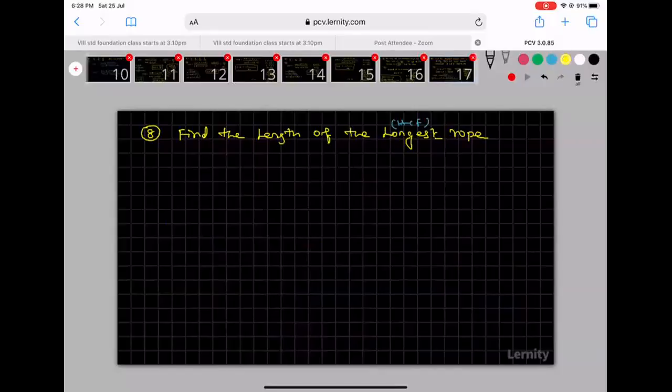Longest rope which can be used to measure exactly the length.